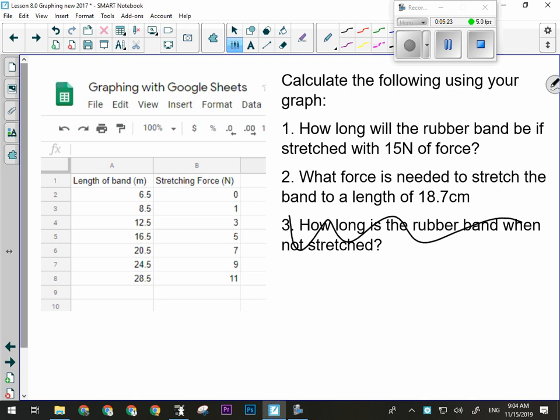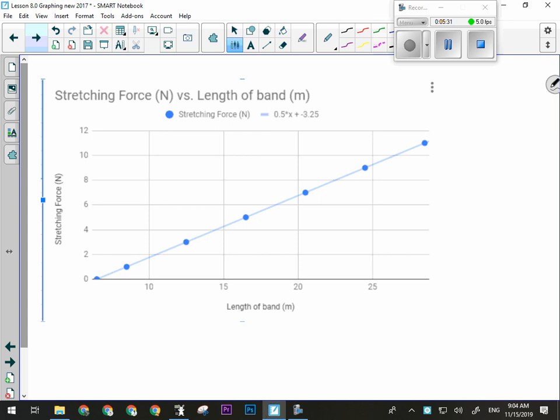Okay, so how long will the rubber band be if it's stretched with 15 newtons worth of force? If we're looking here, we've got the length of our rubber band on the x-axis, and we've got our stretching force here. So did they give us a y or an x value there?